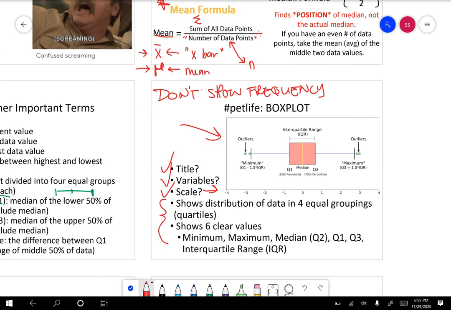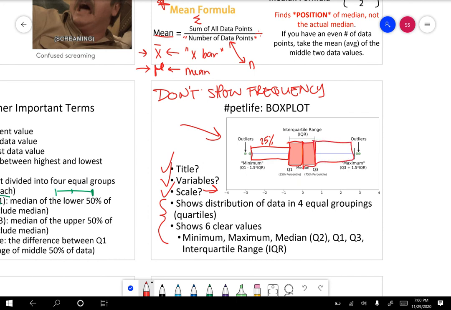So it does show us a distribution of the data, but in this case, it's in 4 equal groupings in our quartiles, right? What I mean by that is this part of the data right here, that's 25% of the data. This section is 25%, that's 25% of the data, and that's 25% of the data.